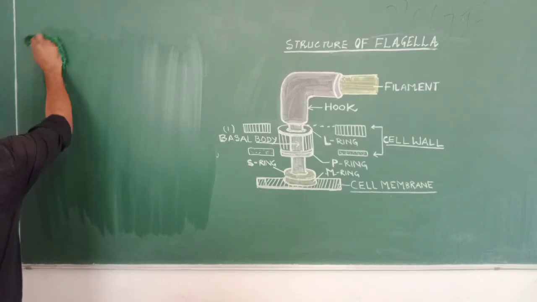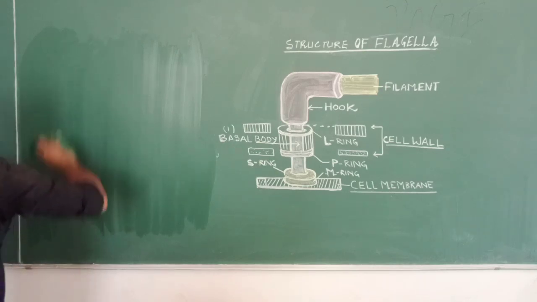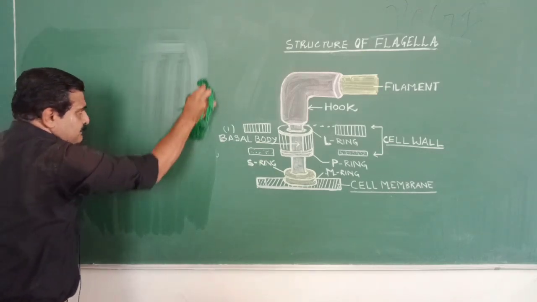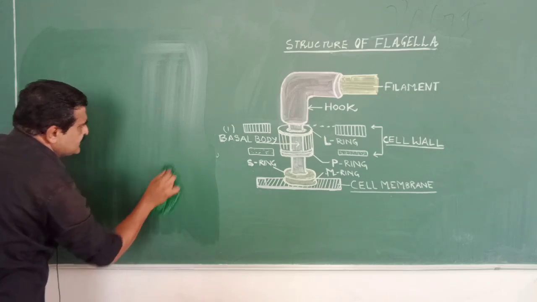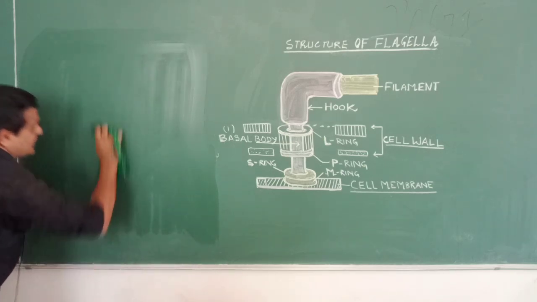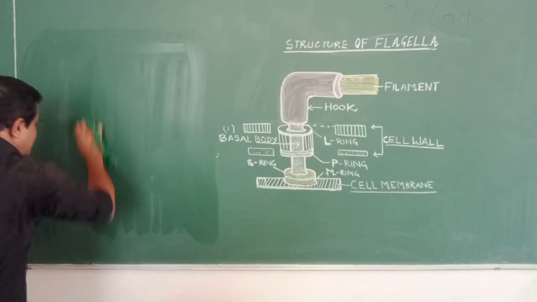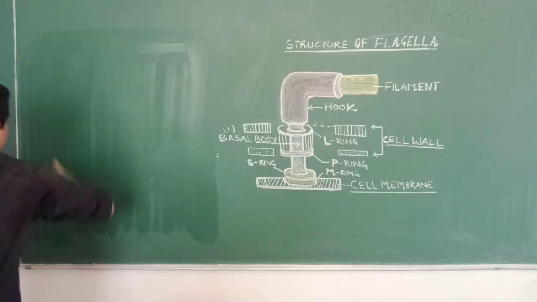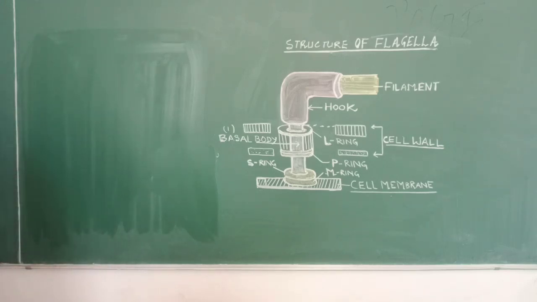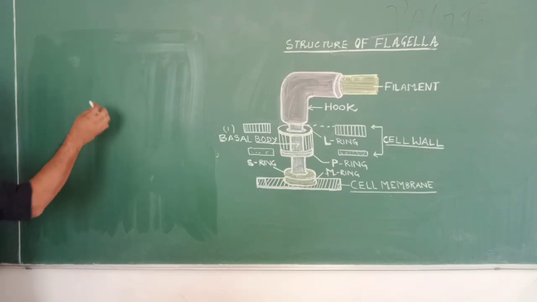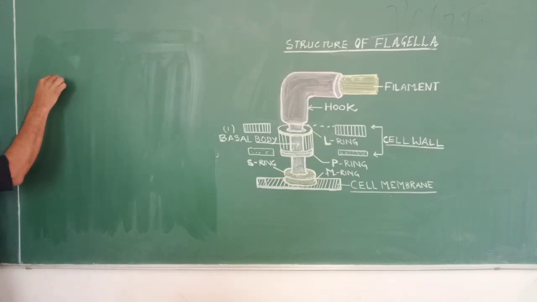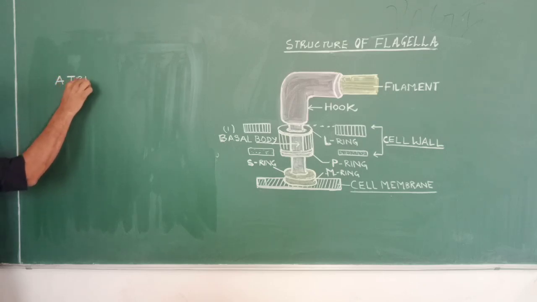For example, bacteria in which there is no locomotory organ, or no motility organ, are known as atrichous, meaning bacteria which do not possess flagella. There are some examples like A trichous.